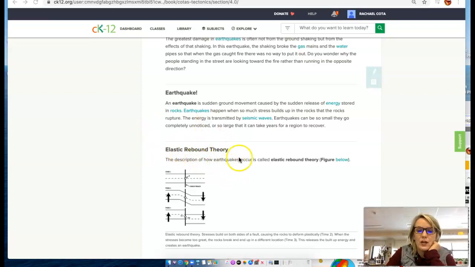The chapter goes on talking about something called the elastic rebound theory. That says that stresses build up on both sides of a fault. A fault is a break in the rock. It causes the rocks to deform plastically. They're a solid, right? They're very, very rigid.